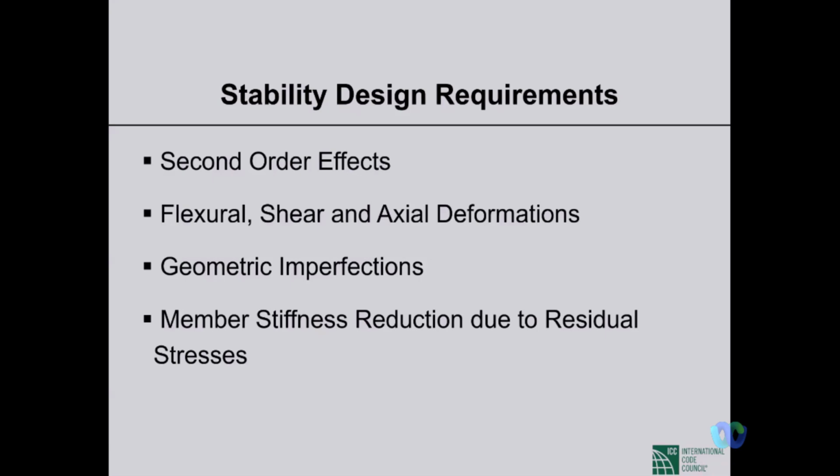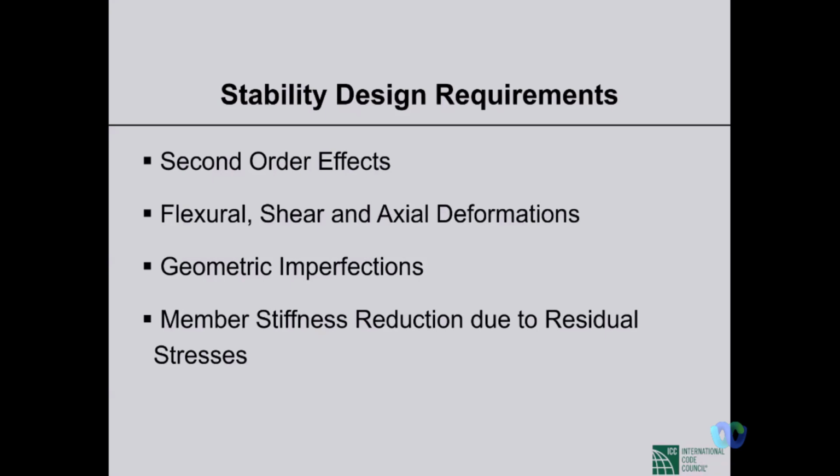So, stability design requirements. For stability design, we have to consider 4 things which cause instability. One is second order effects. We'll discuss that. Second is flexure, shear, and axial deformation. Naturally, we know that flexure causes compressive stresses, and in steel, compressive stresses cause buckling.